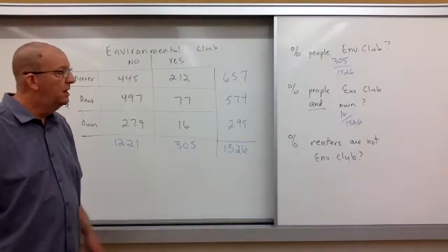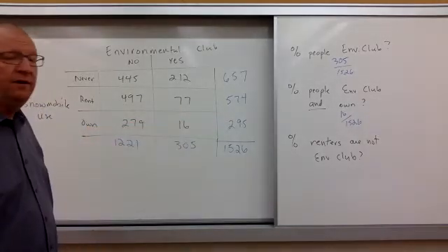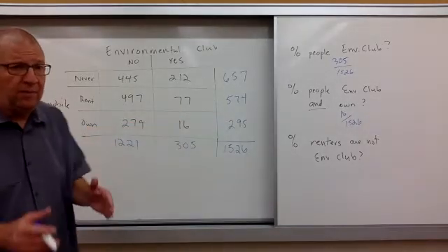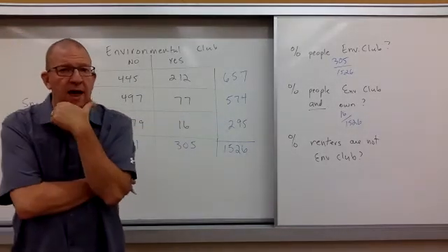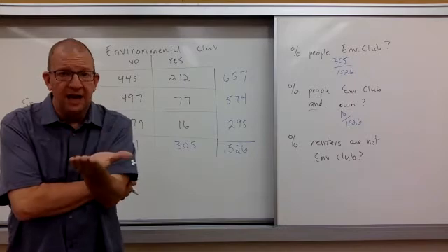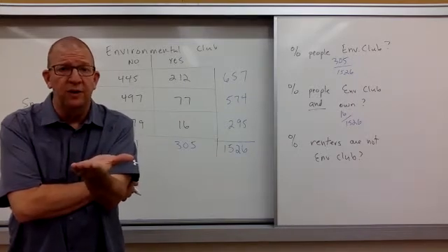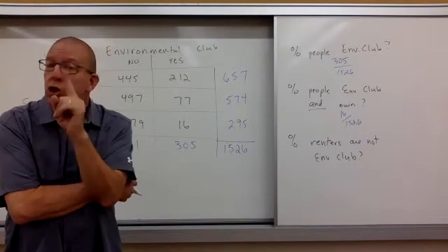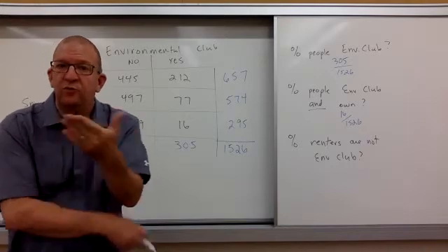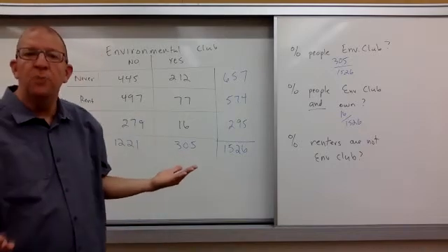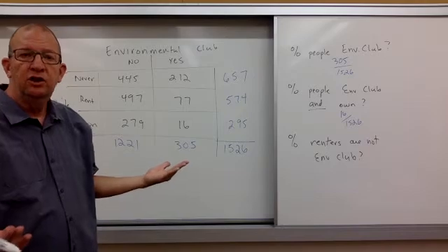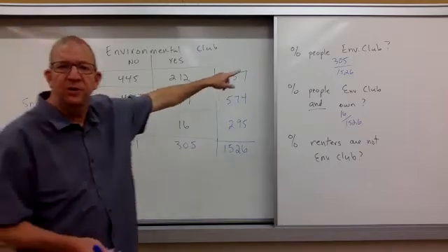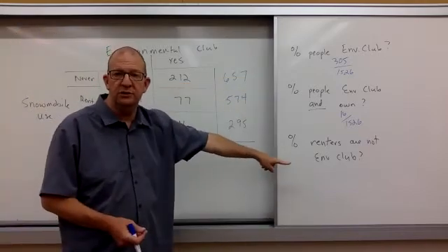Now, finally, what percent of renters are not in an environmental club? Notice the difference here now. Is my denominator going to be 1,526? No, it's not. Because what am I asking about? What group am I interested in? Just the renters. Do you see the difference between the first two questions and the third question?